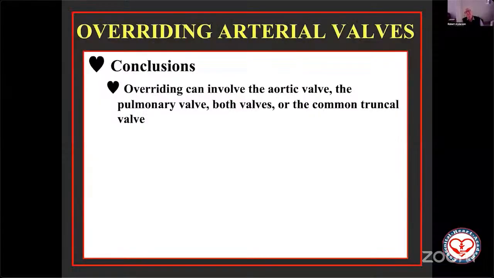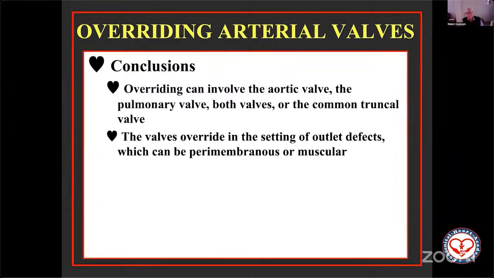So that's it. To understand overriding arterial valves, we need to remember our four spectrums. Because overriding can involve the aortic valve, with or without subpulmonary stenosis, the pulmonary valve, or it can involve both valves. In fact, there is then a fifth spectrum, that involving the common truncal valve, but we've not discussed that with you today.